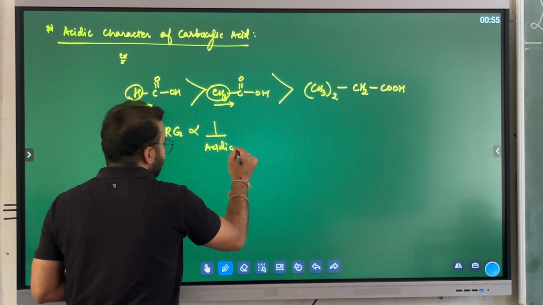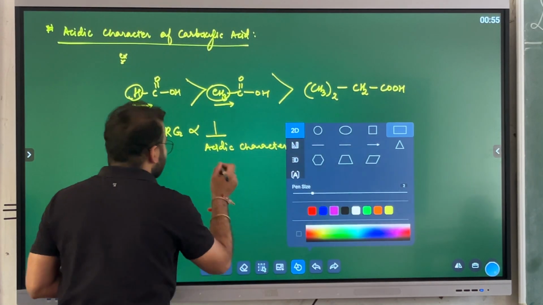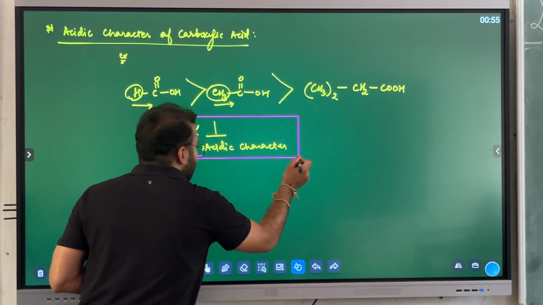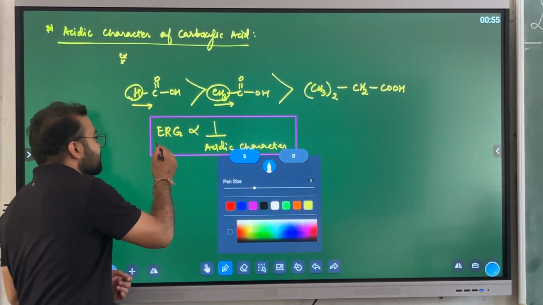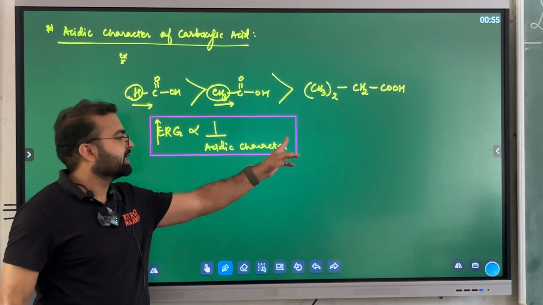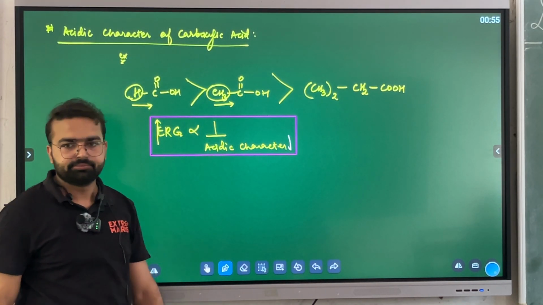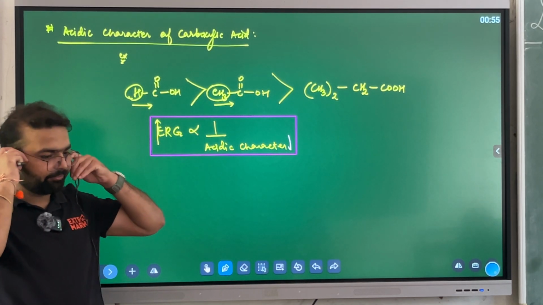So electron releasing groups decrease the acidic character. Here I am writing in this pattern, simple for understanding. If the number of electron releasing groups increases, the acidic character of the carboxylic acid will decrease. Is this clear? Fine.